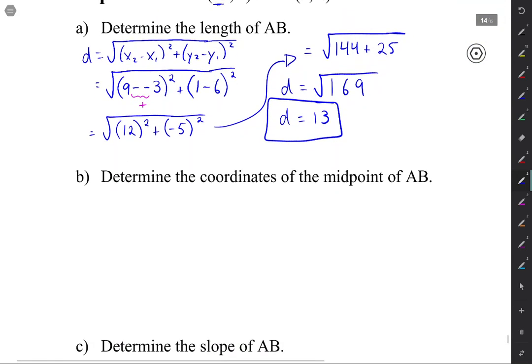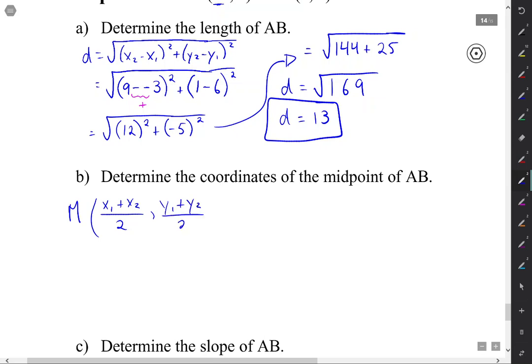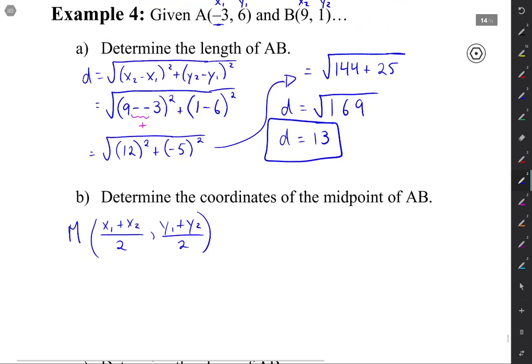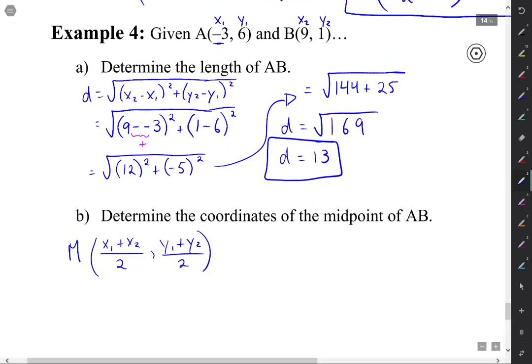And now if we're doing the midpoint, we're going to write down our midpoint formula, x1 plus x2 over 2, and then comma, y1 plus y2 over 2, or divided by 2. So let's plug in the values. I'll scroll up so we can see them.